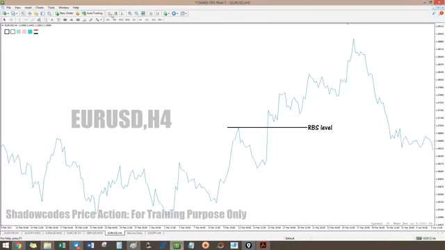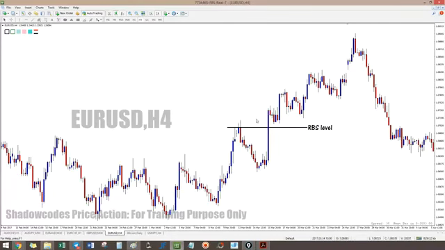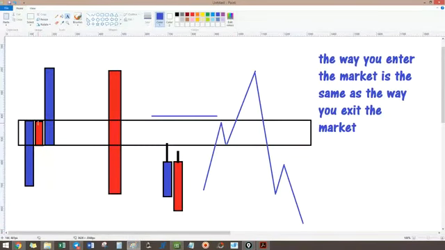And then when we change to candlestick, price did not touch our RBS level. So we're going to draw our swap zone over here. You can also take the shadow, but usually we will take only the body. Like this, the one that I draw. We only take this one.